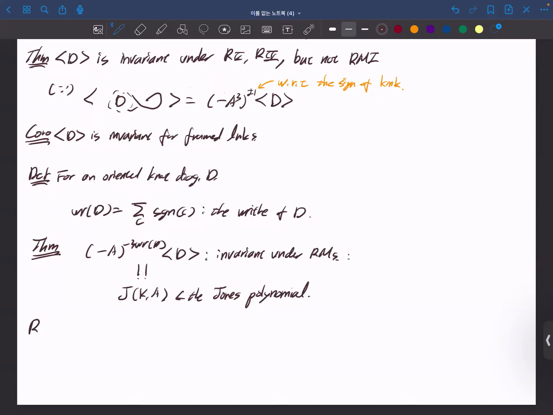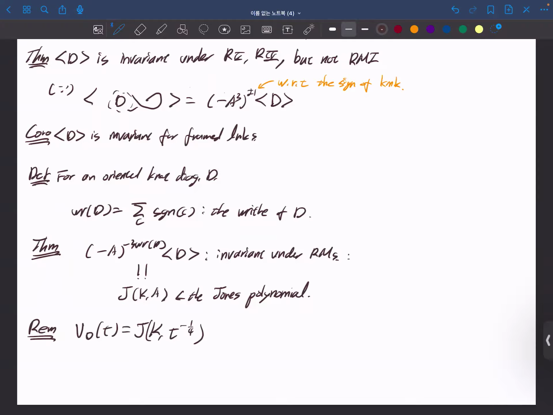But this one is a little bit different from the original definition of the Jones polynomial, I mean, the original variable of the Jones polynomial. But it can be obtained by a variable change.